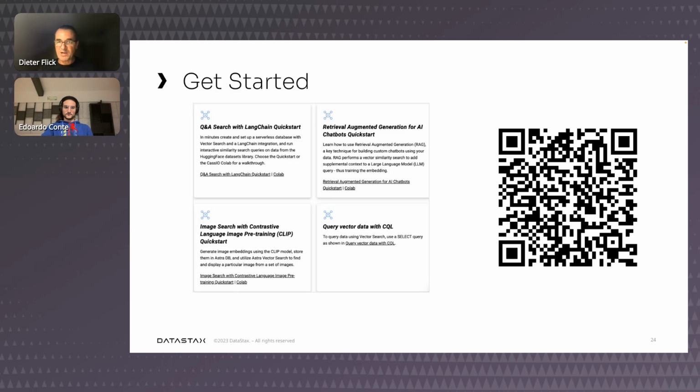There are prepared Jupyter notebooks available in order to try out vector search, even in combination with images, vectorizing images, but also how to implement chatbots based on retrieval augmented generation. With this, I believe we are close to finishing this session.